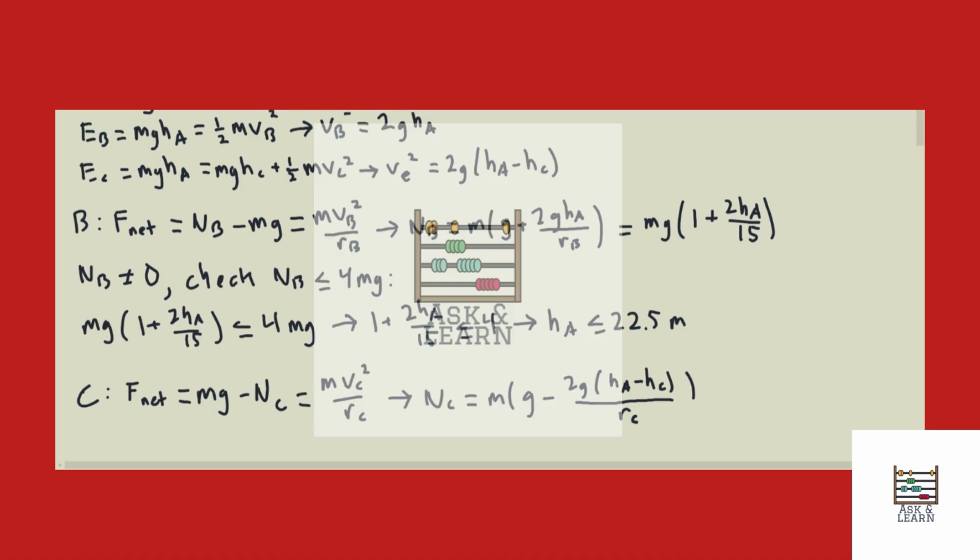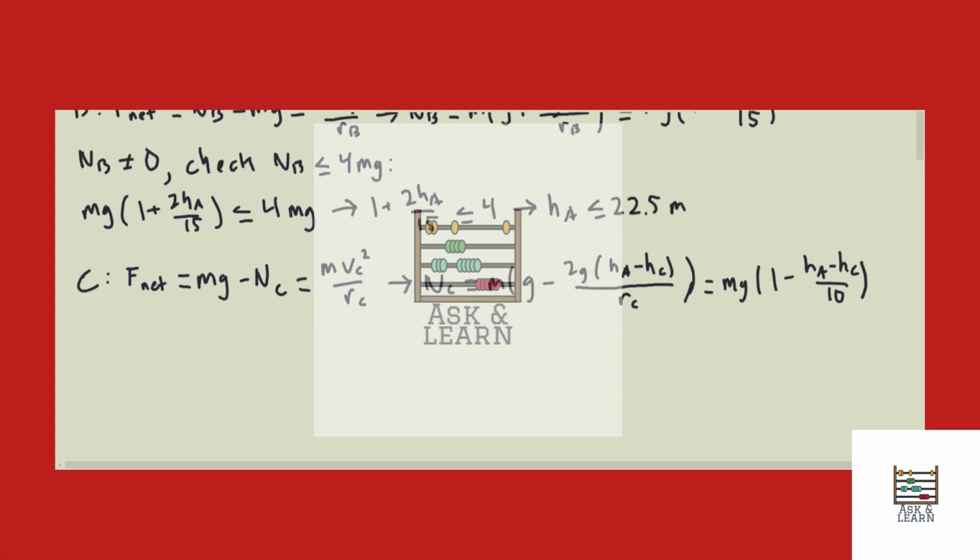Then we can simplify that to mg times 1 minus (h_A minus h_C) over 10, using our value of r_C equal to 20. Okay, so we've got an expression for our normal force at C.